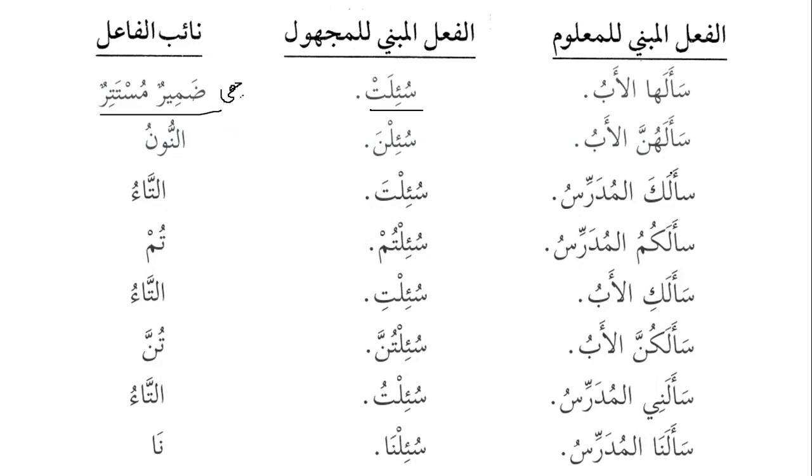Sa'alahunna al-abu, the father asked them, referring to the ladies, hunna, and su'ilna, they were asked, and here nun is naibul fa'il. Similarly, we have sa'alaka al-mudarrisu, the teacher asked you, su'ilta, you were asked, and at-ta is naibul fa'il.